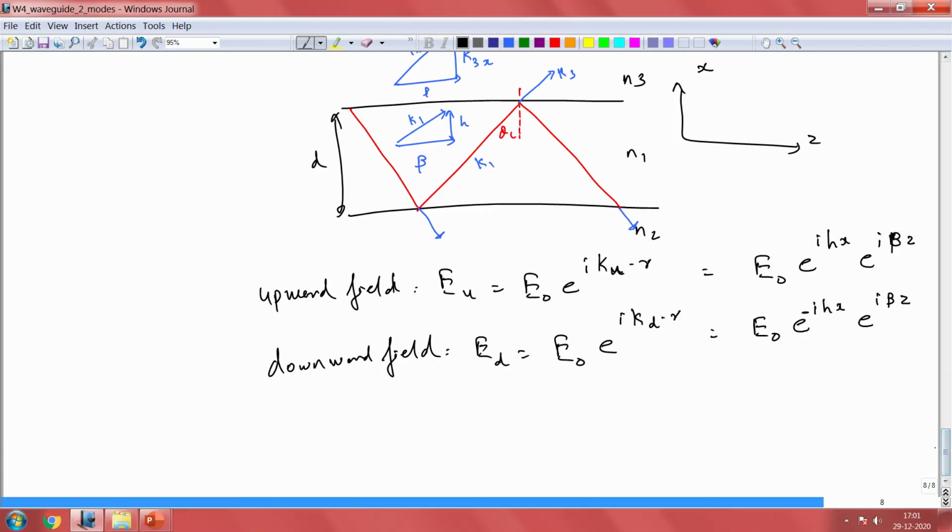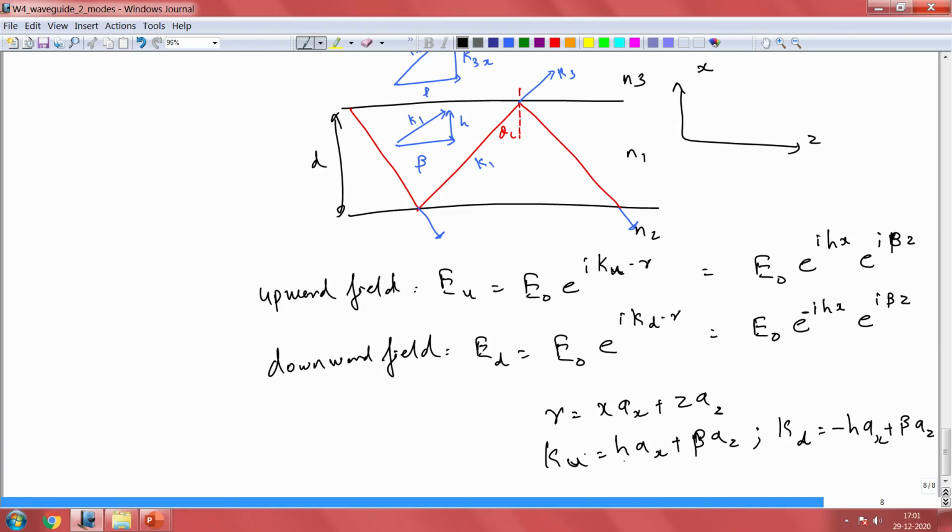Where r is nothing but x times a_x plus z times a_z, and k_u is nothing but h times a_x plus beta times a_z, and k_d is minus h a_x plus beta a_z.